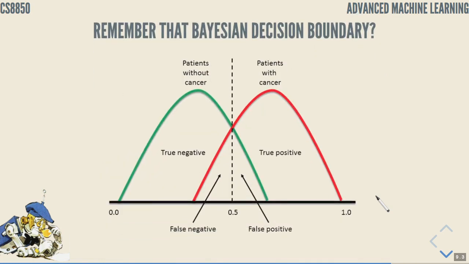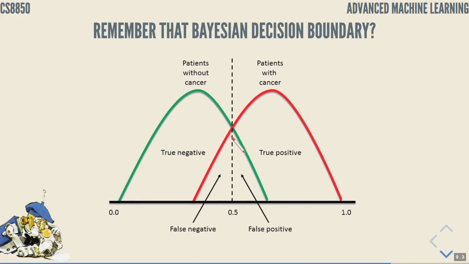Well, remember that Bayesian decision boundary? This is a cartoon, but imagine we have patients with cancer denoted with the red curve here, and patients without cancer denoted with the green curve on the left here. The optimal Bayesian decision boundary is right here where those curves, or probability density functions, posteriors, intersect, right?